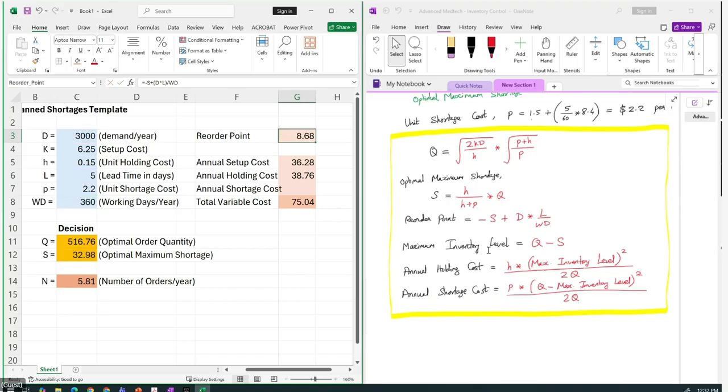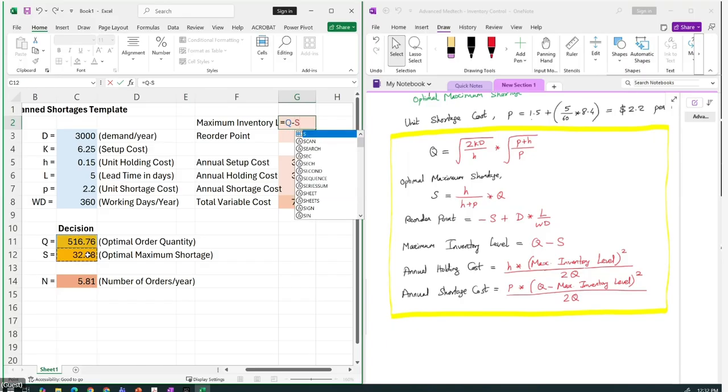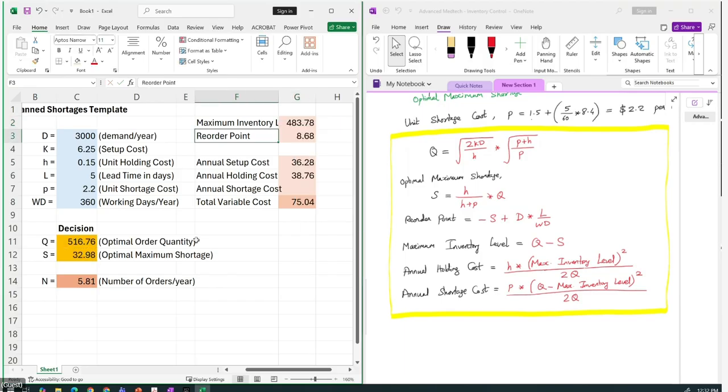Maximum inventory level. Let me compute the maximum inventory level here. This maximum inventory level, what will it be? Formula: Q minus S, which turns out to be 483.78.